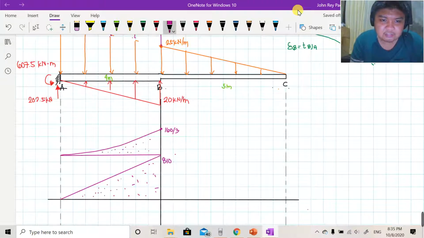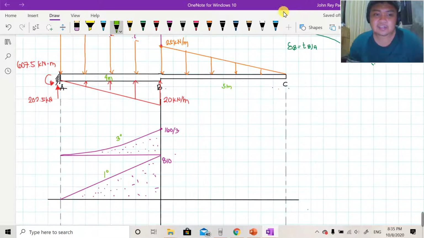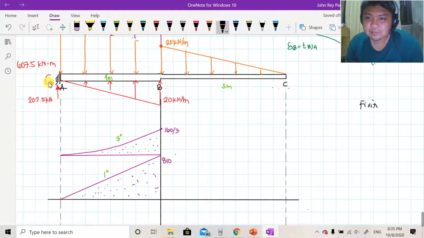Ilagay din natin, class, yung degree of curve. So this will be a third degree dahil galing siya sa triangle, and this is a first degree dahil sa concentrated load. So next na i-consider natin, class, is itong 607.5 kilonewton meter na counterclockwise moment. Kung titingnan niyo, based sa mga previous discussion natin, this will be a negative moment. Ilagay ko ulit 'to, fixity, para hindi nakakalimutan.